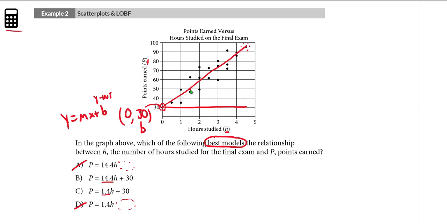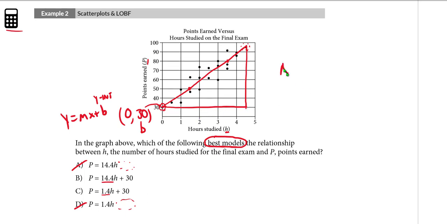But you know, I could pick any 2 points on the line. I could pick that point and maybe that point, but it does to me look like that left and rightmost point will be the easiest to use. So I'm going to go from 0, 30 up to that point there, and it appears that my run from 0 to what, about 4.5.